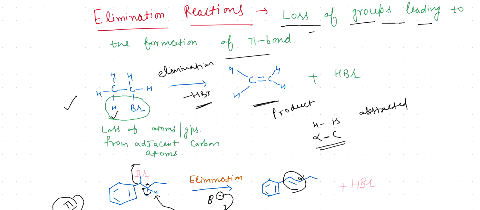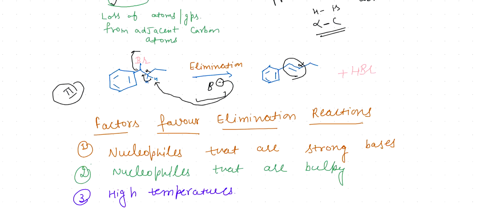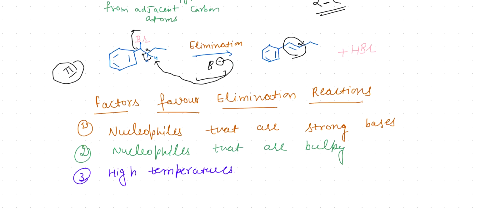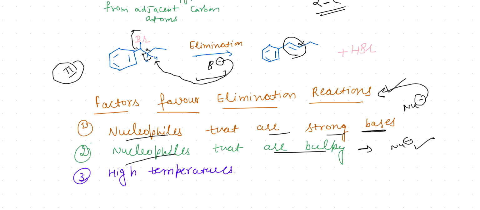So what conditions prefer elimination reaction over substitution reactions? For elimination reactions, there are certain conditions. In this, nucleophiles should be strong bases. Nucleophiles which are strong bases prefer elimination reactions. The second one is that nucleophiles must be bulky. If the nucleophile is bulky, then it also prefers elimination reaction over substitution reaction.